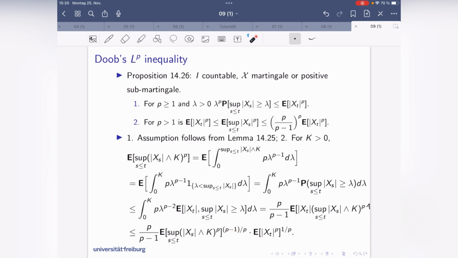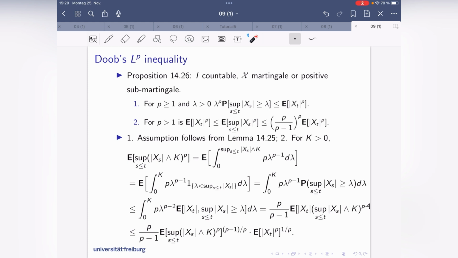So (p minus 1) over p plus 1 over p equals 1. And that expectation here comes with the power 1, so that's an L1 norm. And here I have a p norm and a q norm, where q is p over p minus 1. And this here to the power of p divided by p minus 1 is then to the power of p. And that means we are done here.